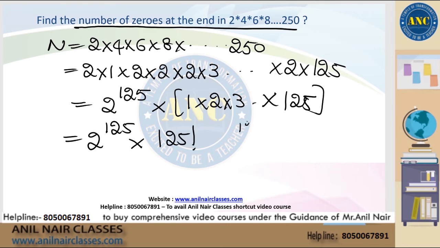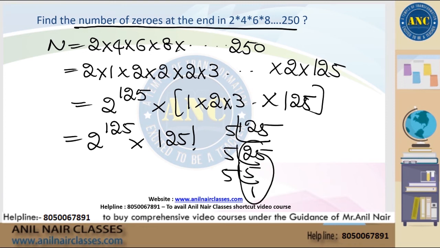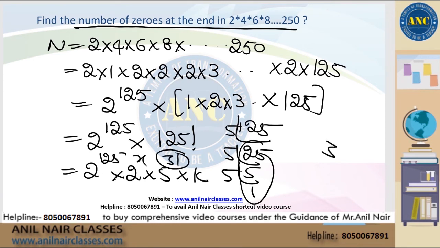In 125 how many 5s are there? 125 divided by 5 is 25, by 25 is 5, by 125 is 1, which is 31. Anyway it will be 2 power 125 into 2 power x into 5 power 31 into k. So the answer for this question is 31.